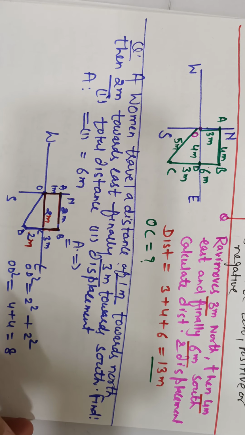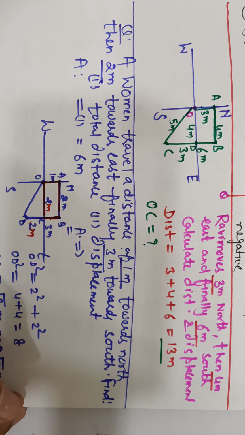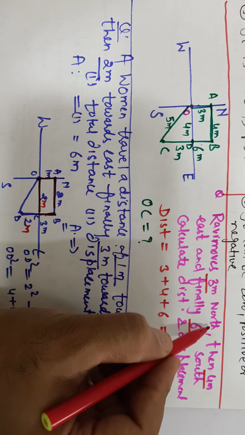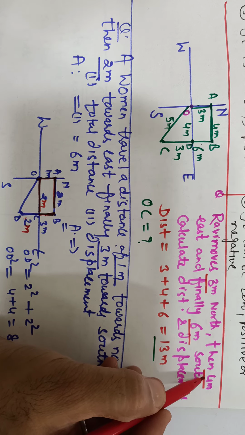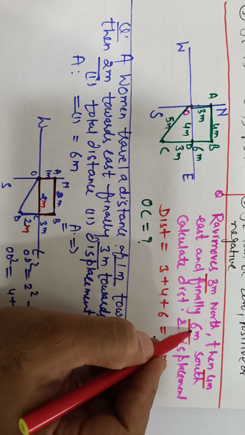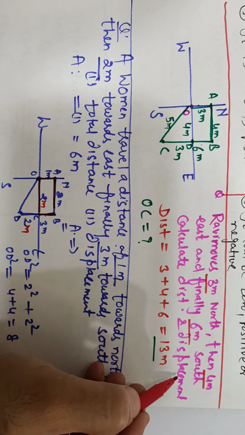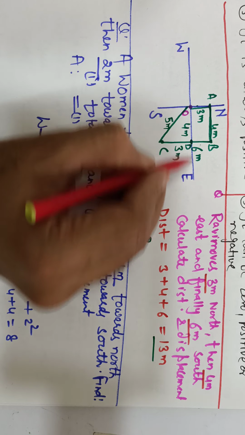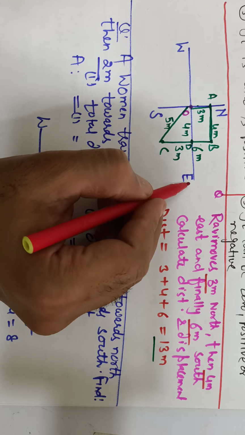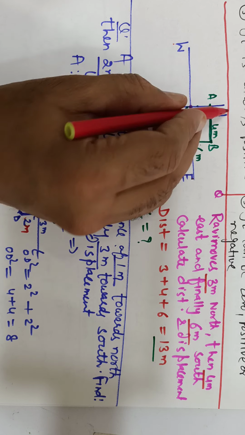Another example: Ravi moves 3 meter north, then 4 meter east, finally 6 meter south. Calculate the distance and displacement. We can easily calculate. Make a directional path: east, west, north, south.